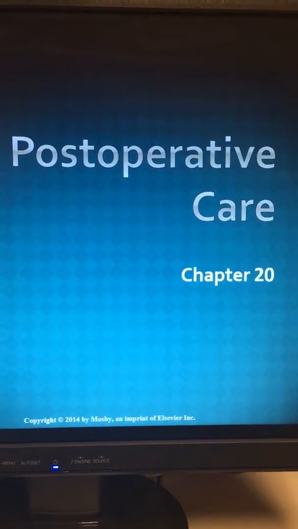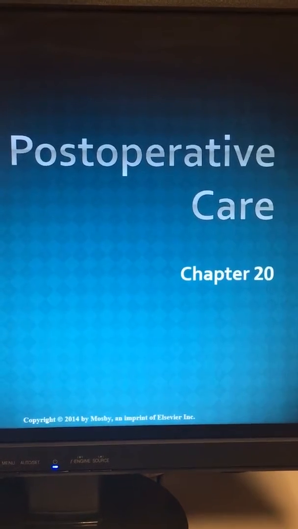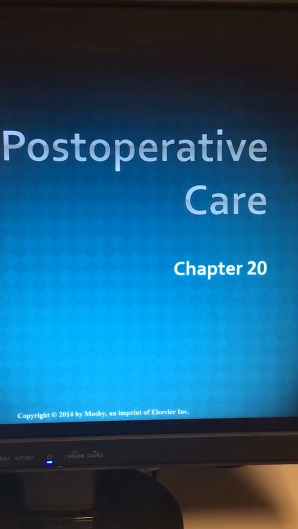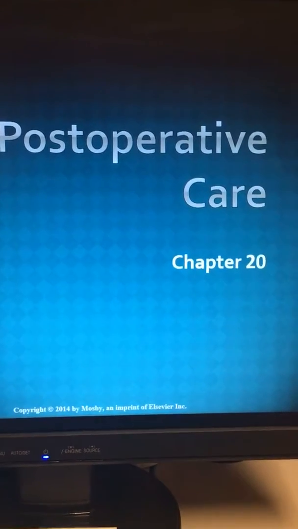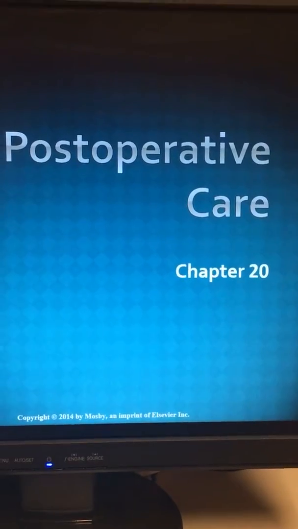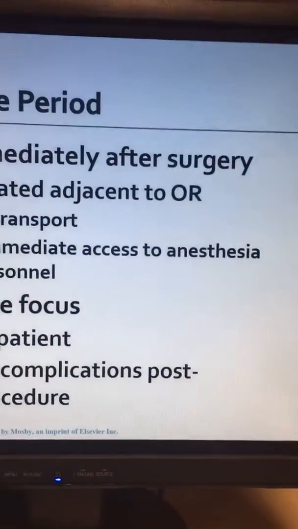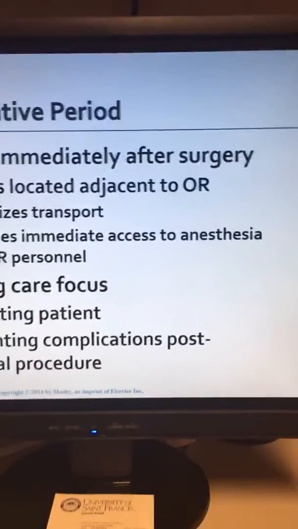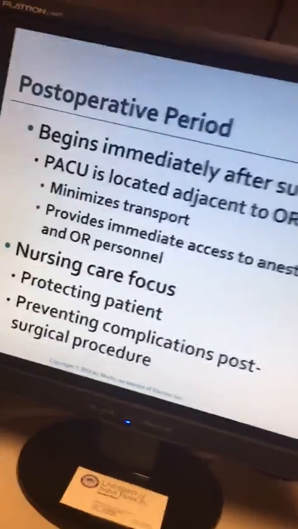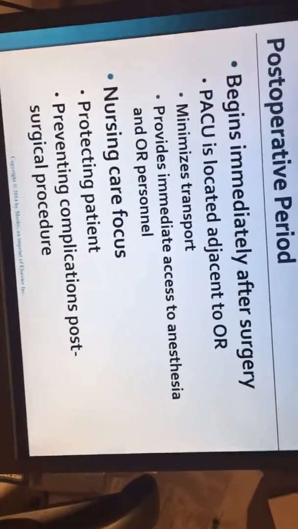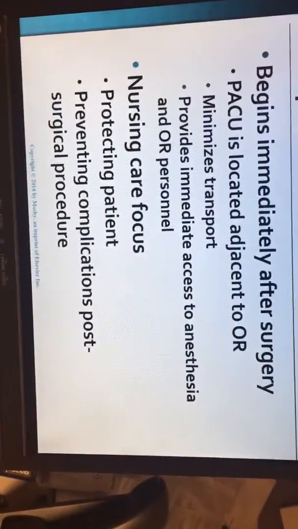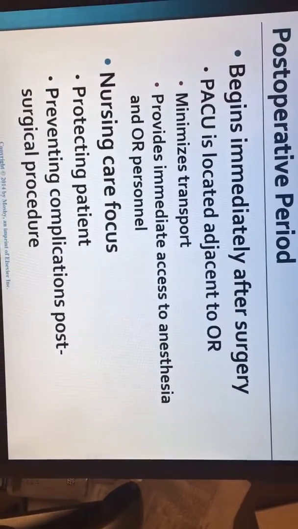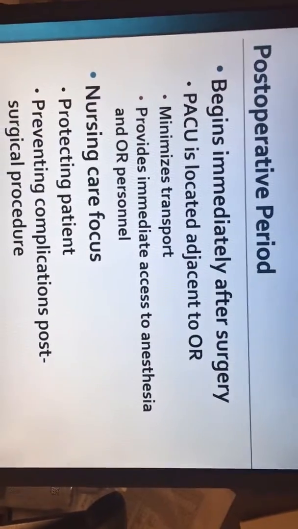So once the patient needs respiratory support, their assessment in the recovery room needs to be monitored for respiratory complications. The postoperative period begins immediately after surgery, and the recovery room is often located directly next to the OR, so there's immediate access to anesthesia and operating room personnel in the event that something happens.